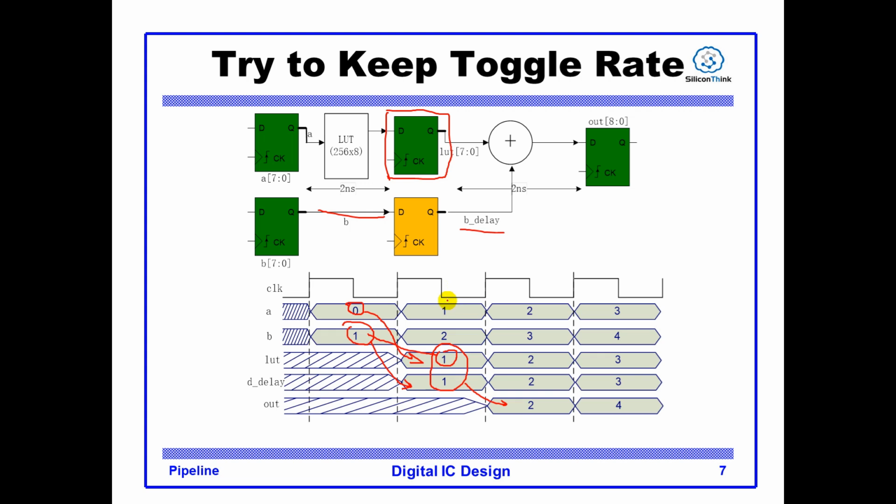And this is also true for the second input. The value A, 1 cycle later, we get the LUT value here. Then we delay the input by 1 cycle here. Then add them together to yield the value of 4.